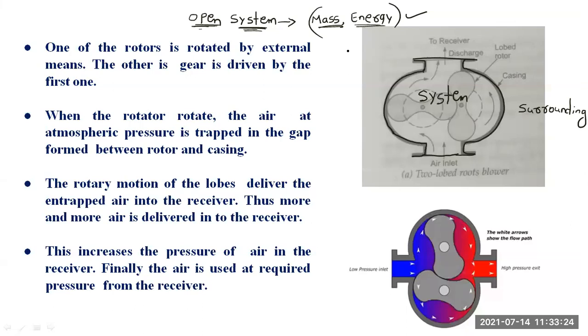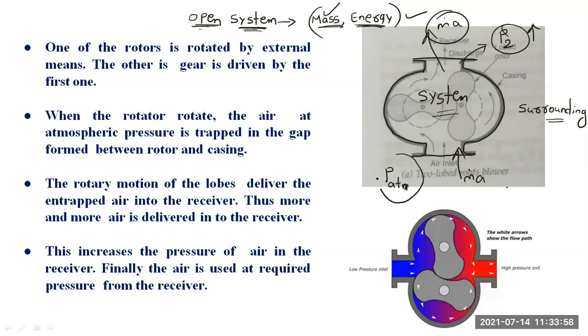See here, some mass of air is entering from the surroundings to the system, and from the system to the surroundings, some mass of air is going out. So mass transfer means air transfer can take place between system and surroundings. Also energy transfer will take place, because initially the pressure is atmospheric pressure, and finally the pressure of this compressor will increase.